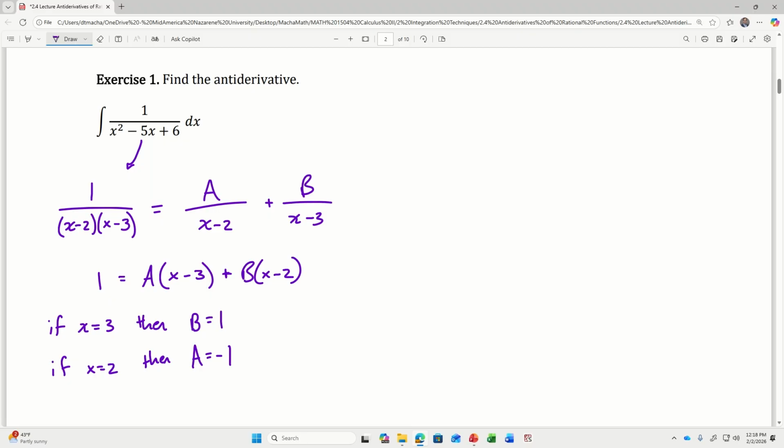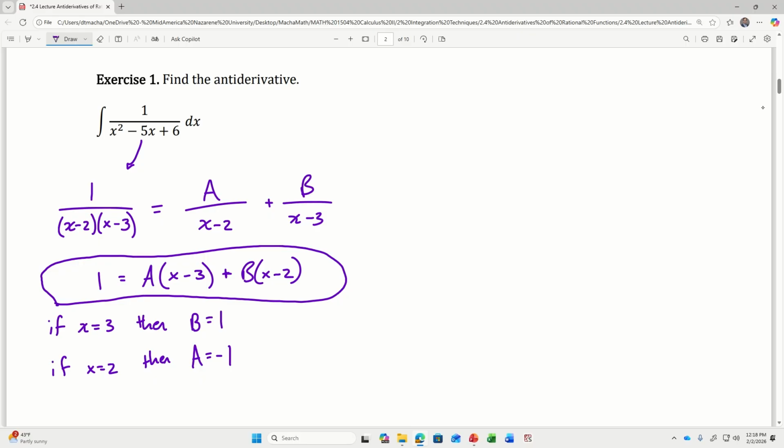So to remind you, we choose convenient values of x that are the roots of the factors because those will zero out one of the constants we're looking for, and that makes it easier to solve for the other one. And if that's true for one value of x, it has to be true for all the values of x, right? This equation, what I wrote down, is supposed to be true for every real number value of x. So if I just choose any real number value of x, I should be able to solve for the constants.